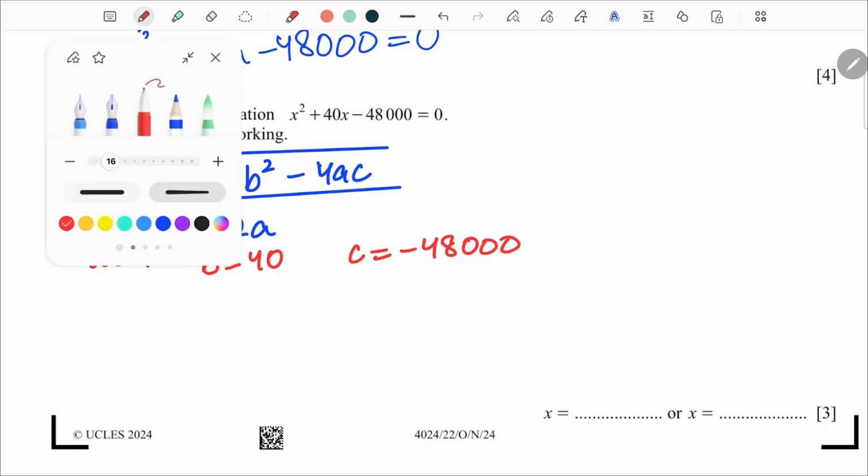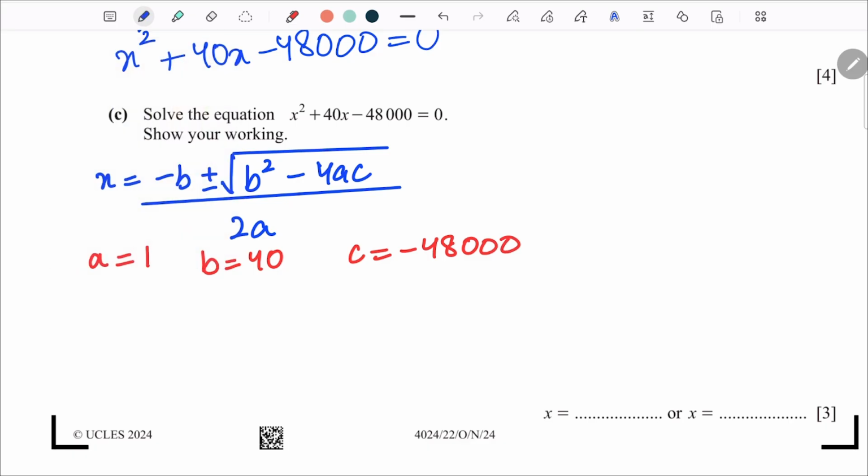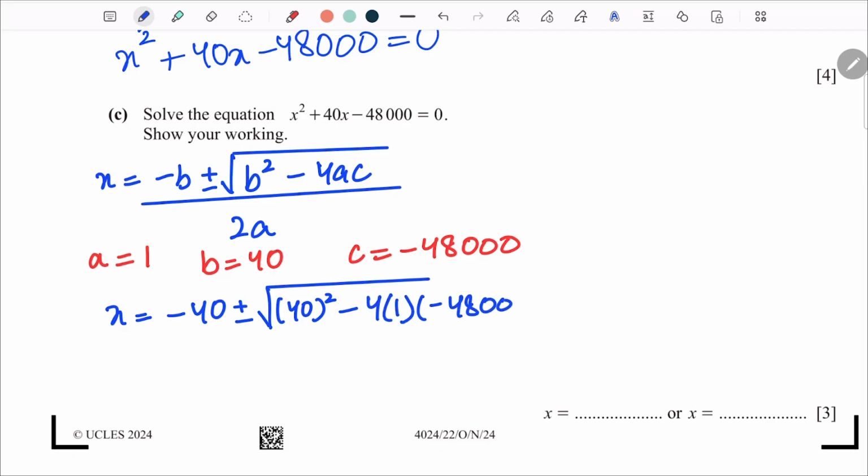So I'm going to put these values in the equation. x is equal to negative 40 plus minus the square root of 40 square minus 4 times a is 1 and c is negative 48,000, divided by 2a, and a is 1, so 2 into 1 will be 2.